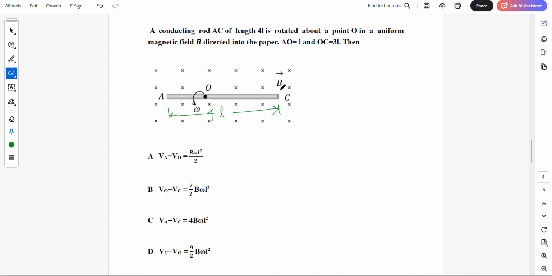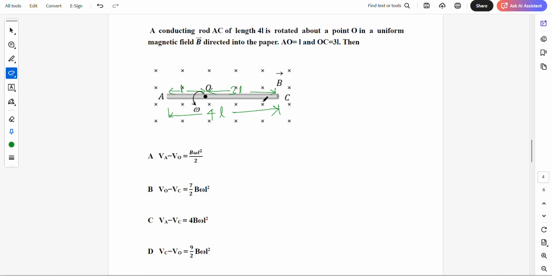This is the rod, and 4L is the length. This is the center of rotation. This is the magnetic field into the paper, not an electric field. AO is equal to L, and this will be 3L because the total is 4L.